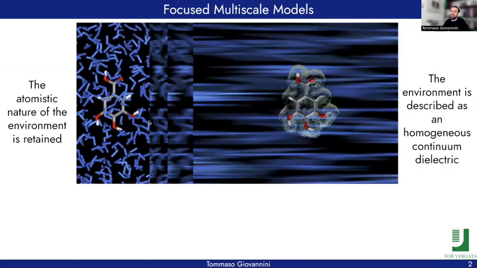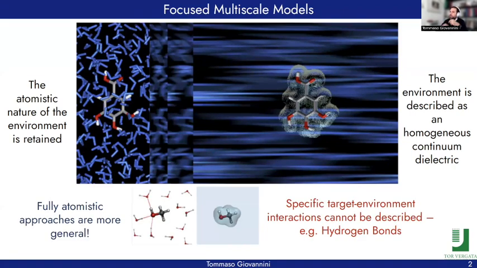On the other hand, you can retain the fully atomistic picture of your environment by using fully atomistic approaches. Which are the advantages and cons of both approaches? On the one hand, when you use the continuum, this is easy from a conceptual point of view, because you just need the permittivity of your environment to describe its electric response.